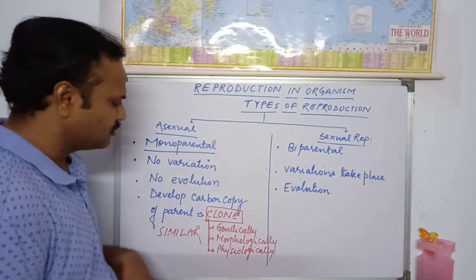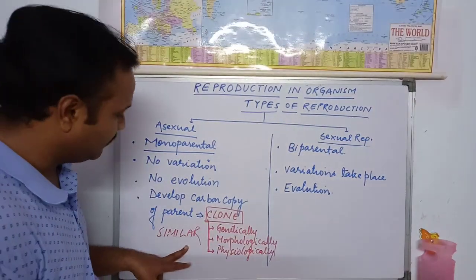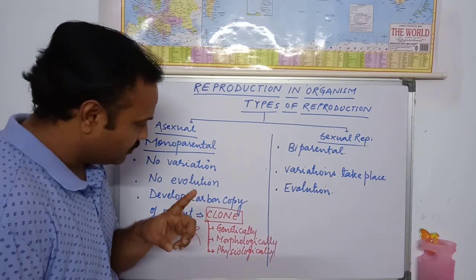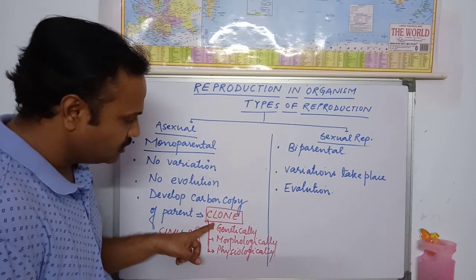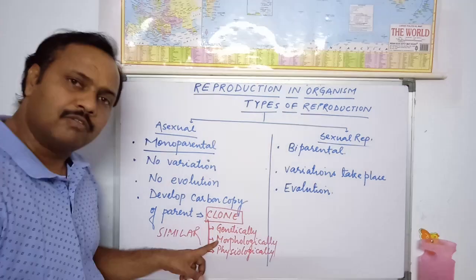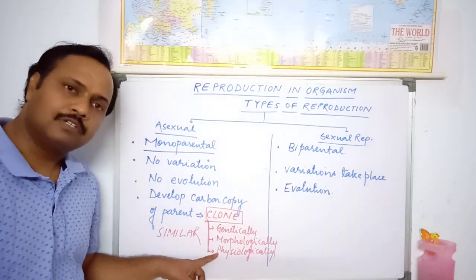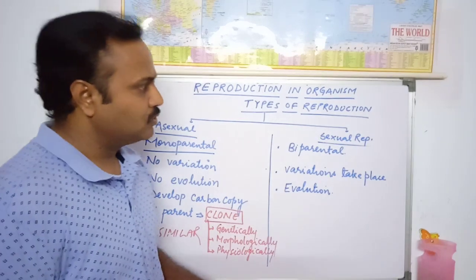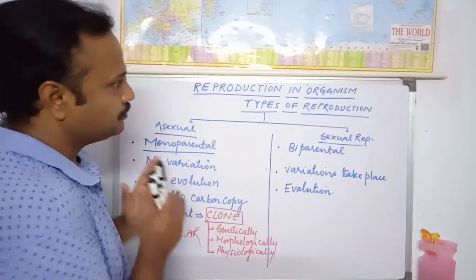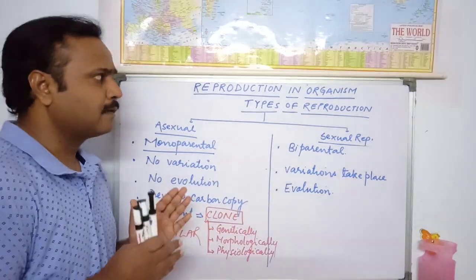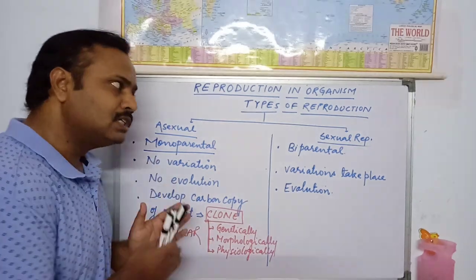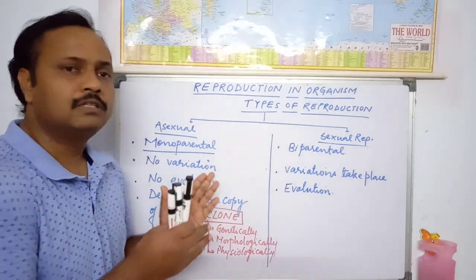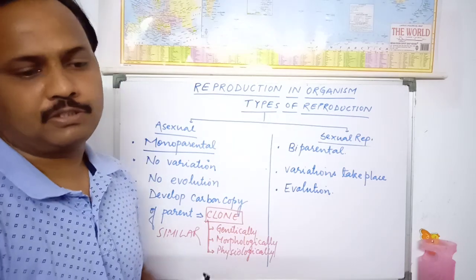This type of question is asked in your NEET exam. So remember, clones are genetically, morphologically and physiologically similar, right? So this is the difference between asexual reproduction and sexual reproduction.